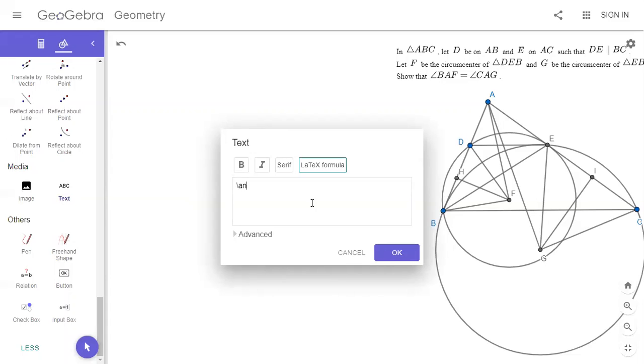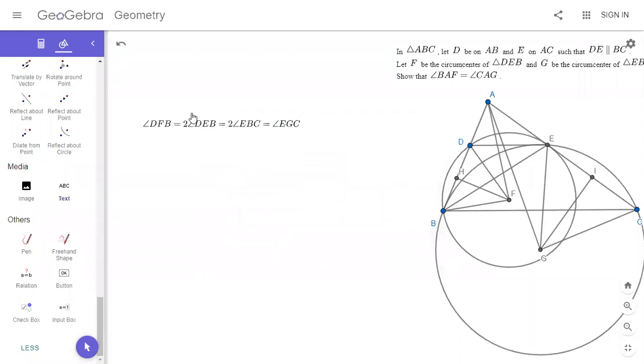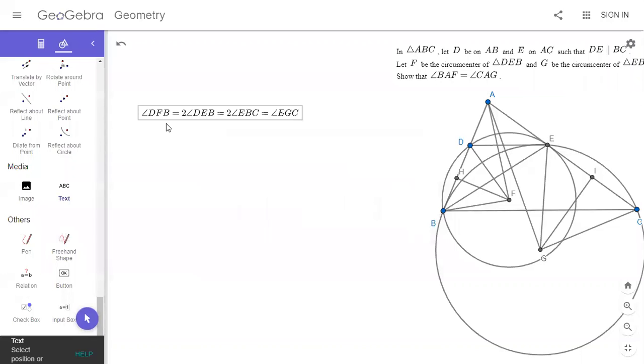So we have angle DFB is equal to 2 angle DEB, which is equal to 2 angle EBC, and that's equal to angle EGC. All right. And so if that's true, then since DFB and EGC are isosceles, so I'll just write that.